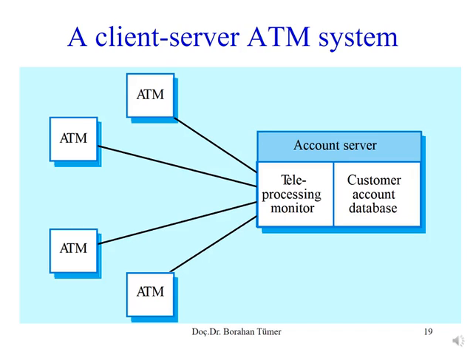A thin client system, for example, with the presentation layer at the ATM machines and the teleprocessing monitor and the customer account database both on the account server, places a heavy processing load on the network between the ATM machines and the teleprocessing monitor and on the account server on the server side, because two layers run on a single computer. So from the performance viewpoint, the thin client system is in bad shape.